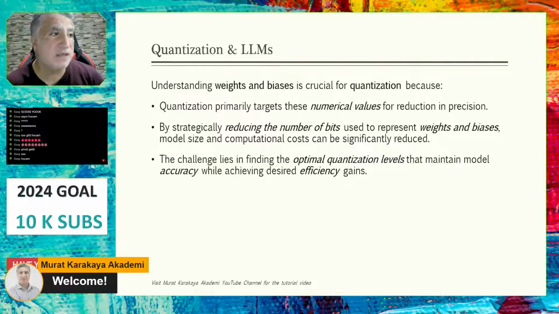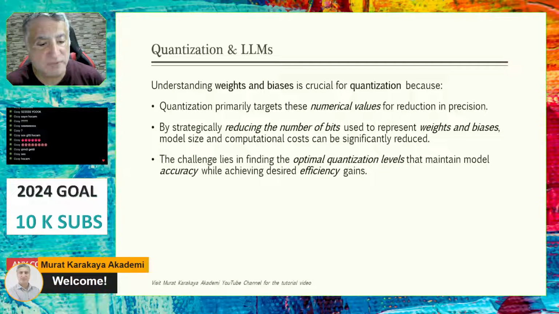1 byte, the 8 bits, can show a number between 0 and 255 if it is unsigned. So we are converting, for example, a decimal number to a float number by using a certain number of bits.